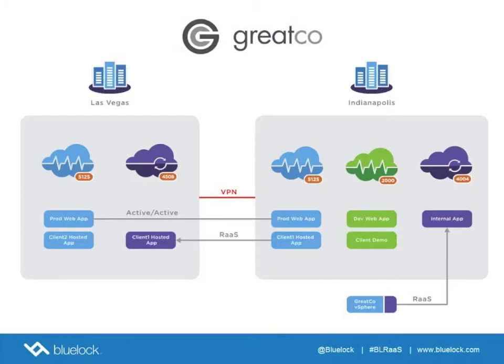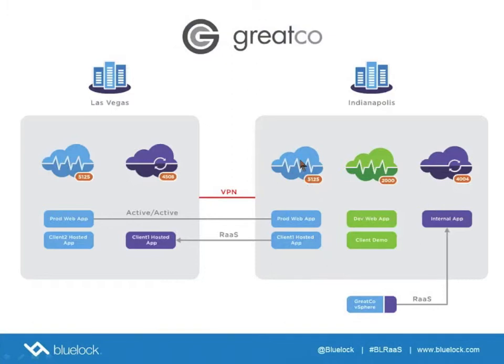This is an example. If you threw all these together with an emphasis on architecture, what you can see here is we've got multiple locations, Vegas and Indianapolis. You've got 5 series virtual data centers hosting production applications in both sites.